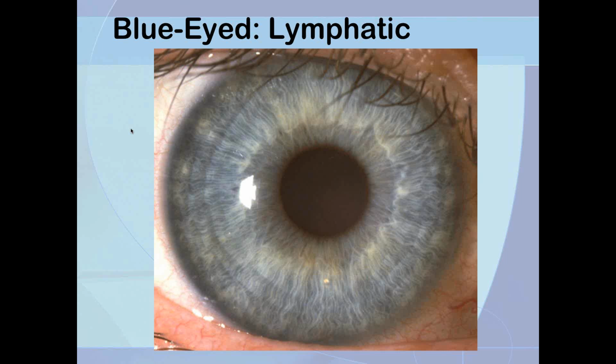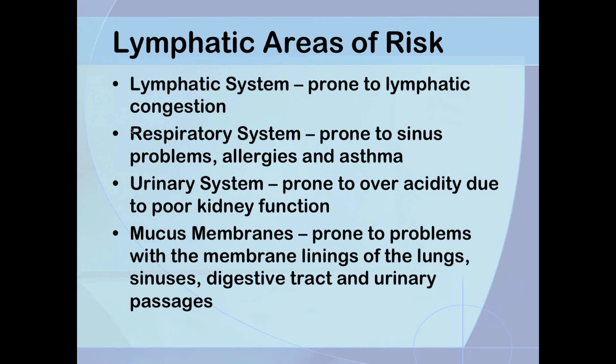So the people who have the blue eyes have certain areas where they're most prone to genetic risk. In other words, where their health is likely to break down under stress. And one of the major ones, the reason it's called lymphatic constitution, is the lymph system, which is really highly tied up with the immune system.